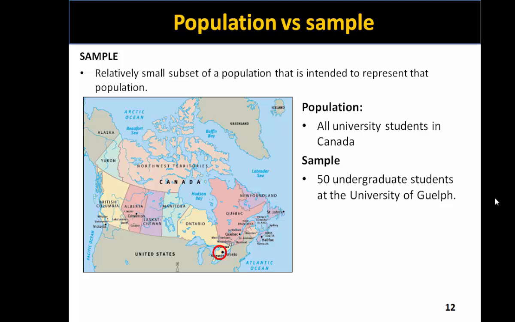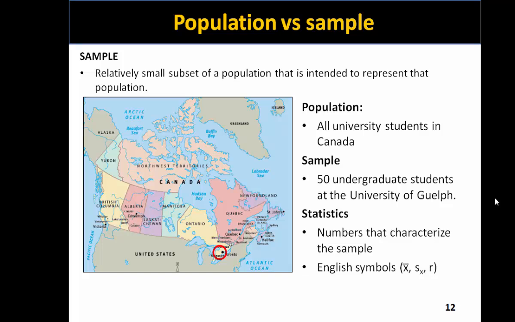What we'll do here is we might randomly select and solicit feedback and information from 50 undergraduate students at the University of Guelph. And from these 50 students, we generate what are called statistics. Statistics are numbers that characterize the sample, and we use English symbols to represent this.